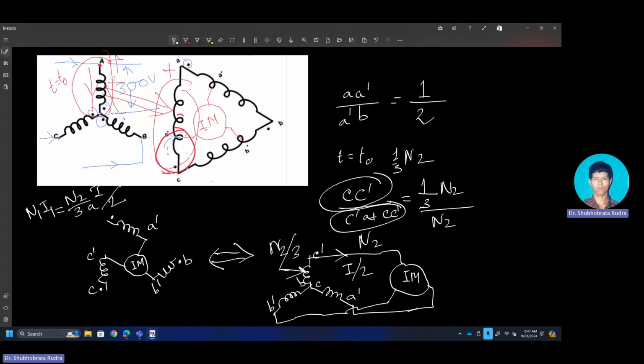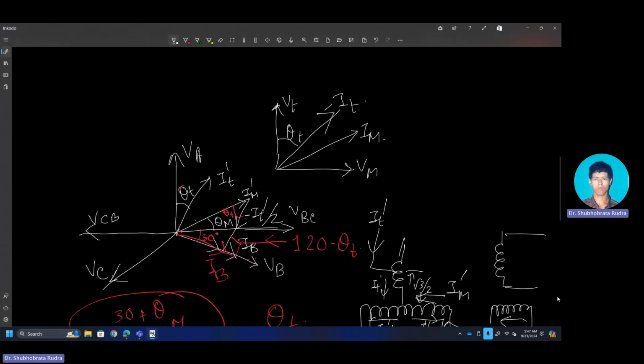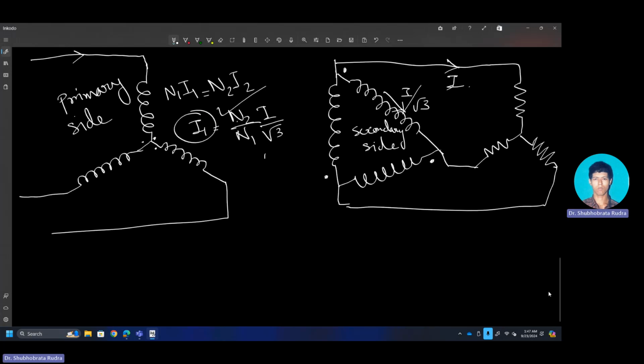But don't forget to consider the phase also, because it is mentioned the current is at 0.8 power factor. So if we see the total, things become N2 by N1, how much is this? This is 2, already stated.